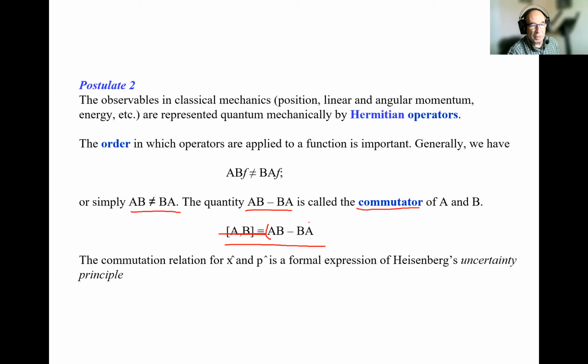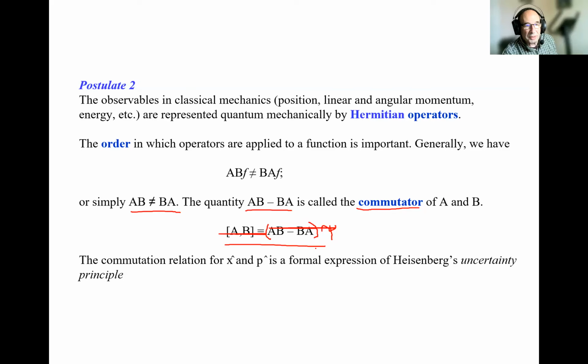Usually we apply it to the wave function and see what the result is. If this commutator is equal to 0, that means the result is the same, independent of the order of application of our operators, then we say that these variables, or these observables, commute. It comes from the word commutator.